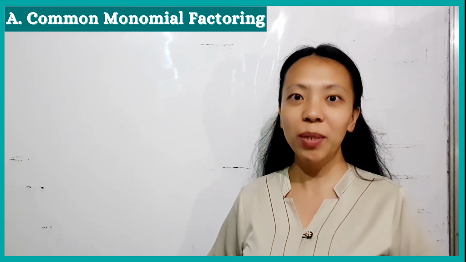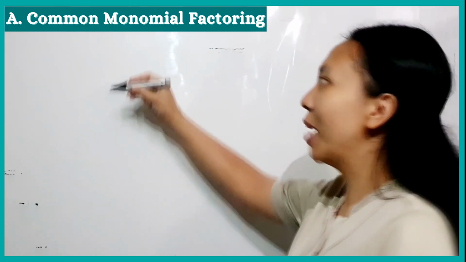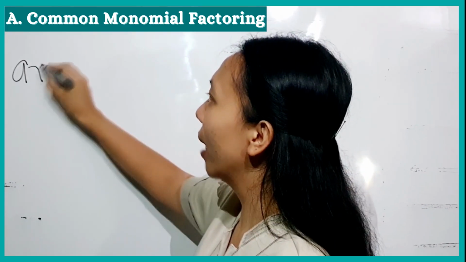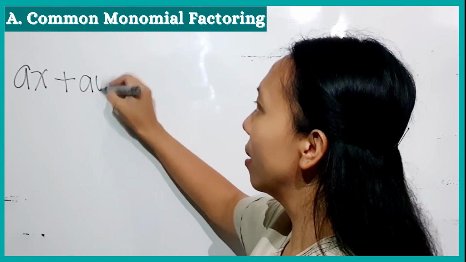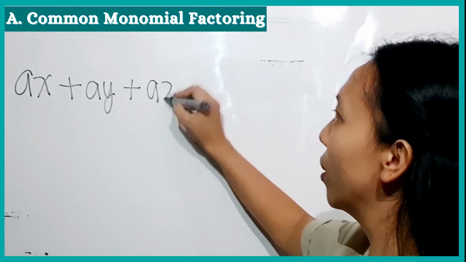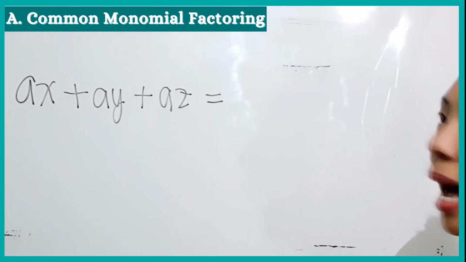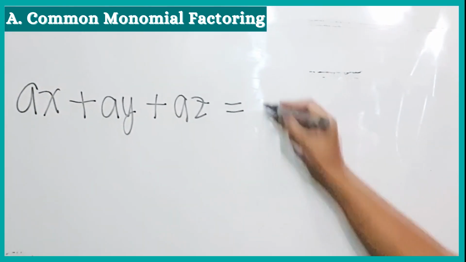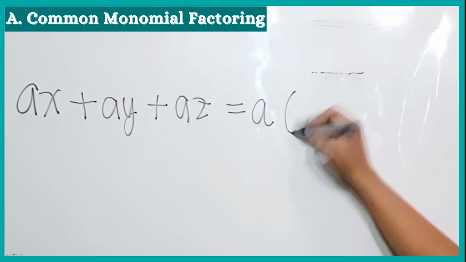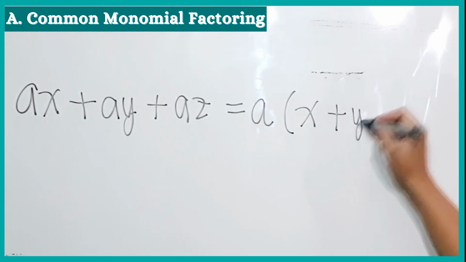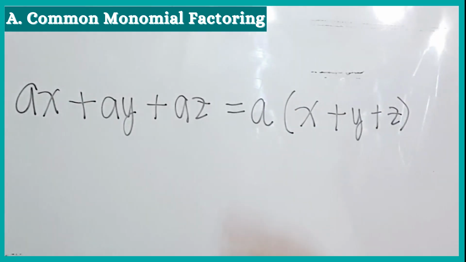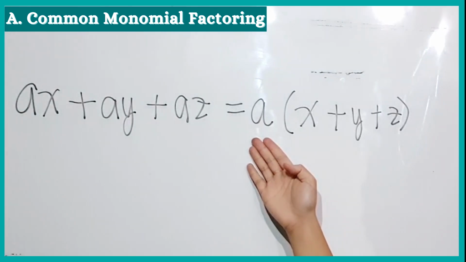Let's start with the first type of factoring called the common monomial factoring. If we have the polynomial ax plus ay plus az, we can write that as the product of the factors a and the quantity x plus y plus z. A here is what we call the common monomial factor.